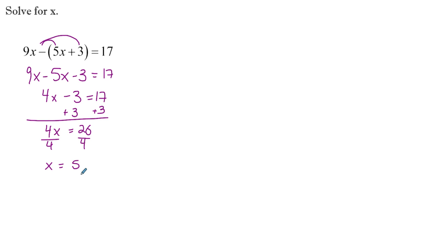To make sure we've done this correctly, we can go ahead and plug back in to check our work. So to check, let's see if when we plug in x equals 5, we get the same answer. 9 times 5 minus 5 times 5 plus 3. Does that actually give us 17?